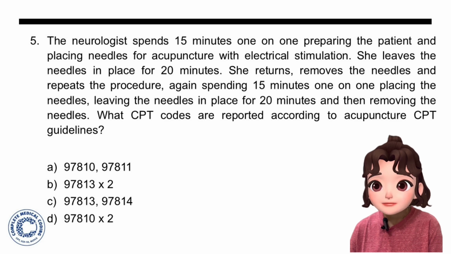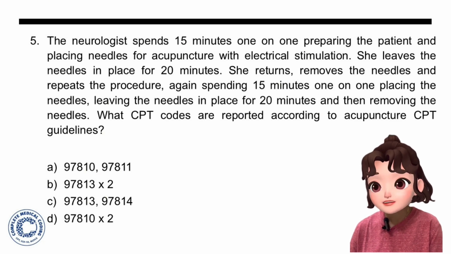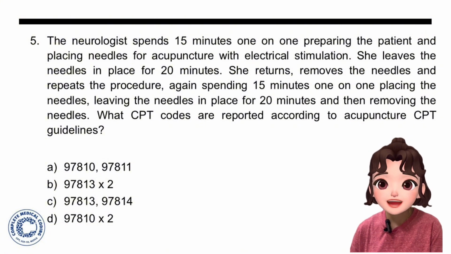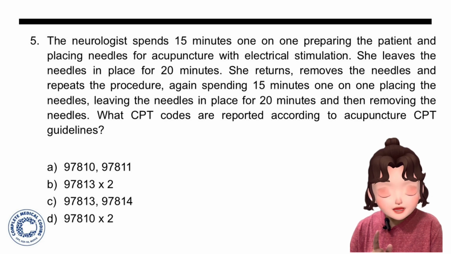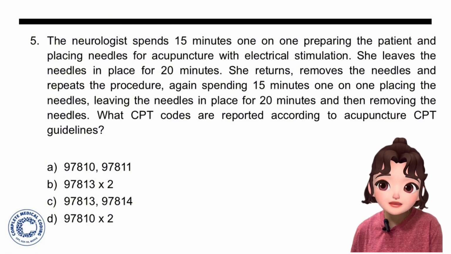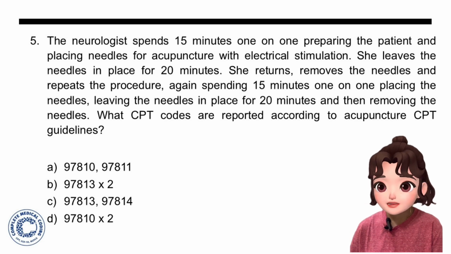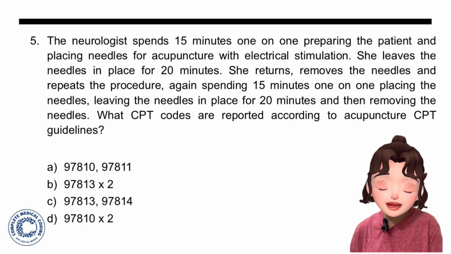This case is with electrical stimulation. It's mentioned in the first sentence: placing needles for acupuncture with electrical stimulation. So 97810 is the wrong code because the code description is without electrical stimulation. So skip that. You can directly skip options A and D, because option D is also the same code 97810. Now let's move to options B and C.